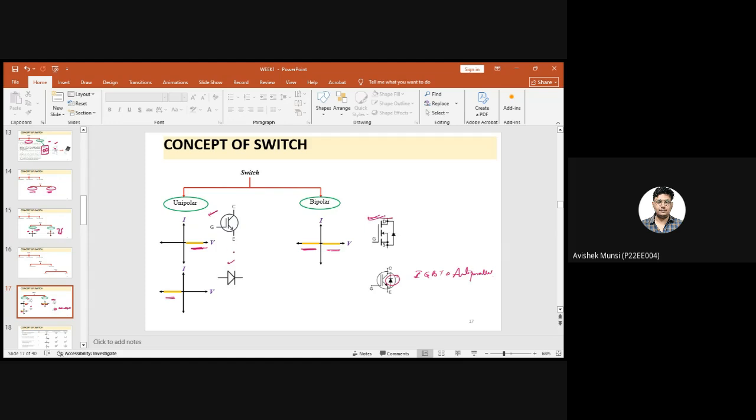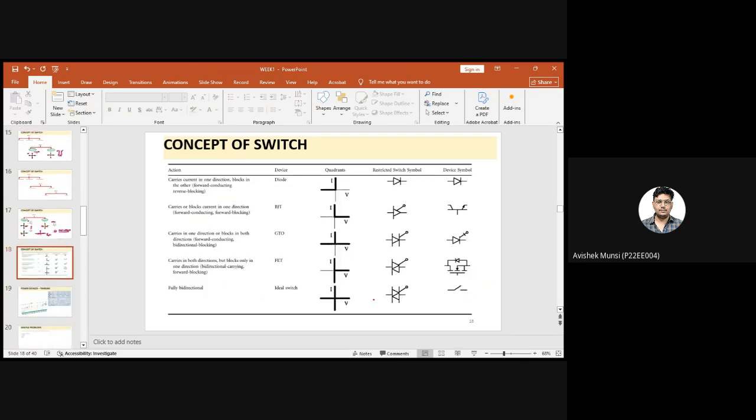Why? If you see here, for IGBT we have the forward blocking state, and for the diode we have the reverse blocking state. So if you have both the IGBT and the anti-parallel diode at the same time, then it will act as a bipolar switch.